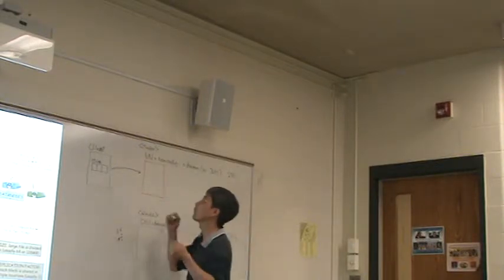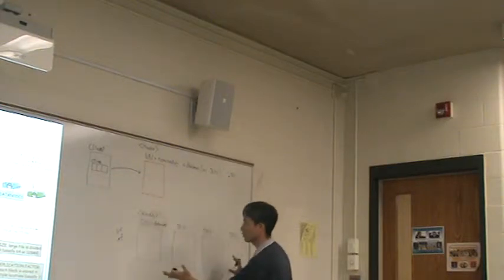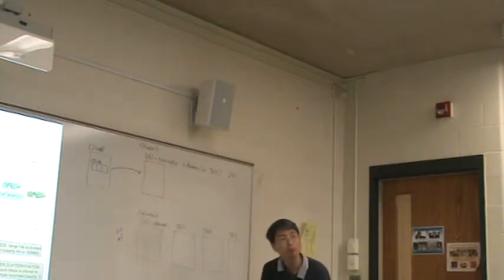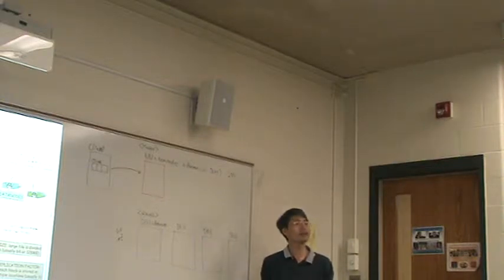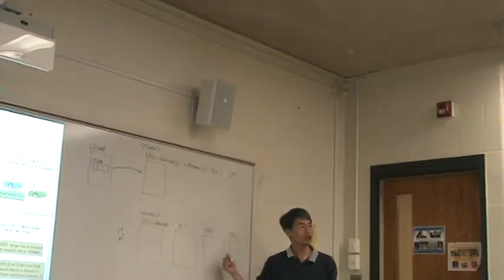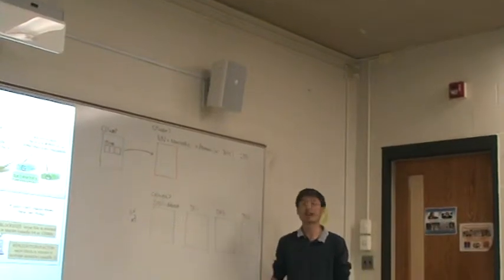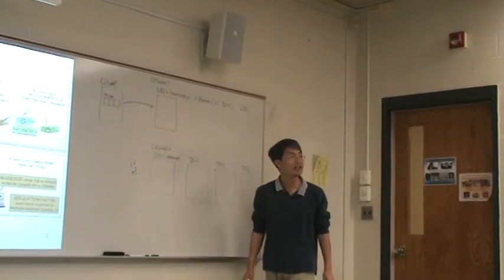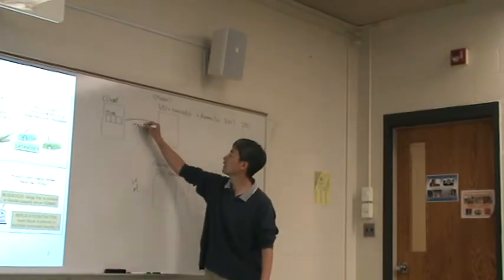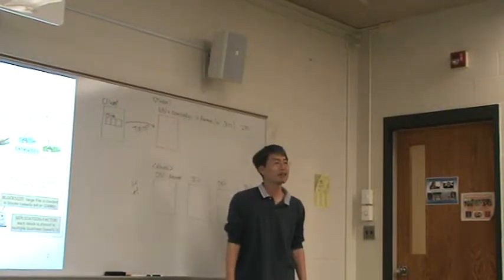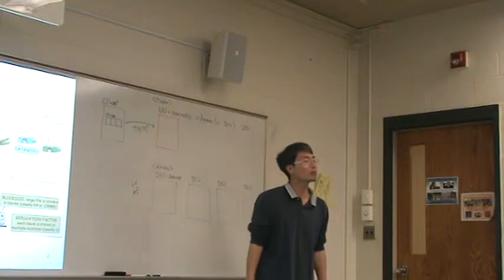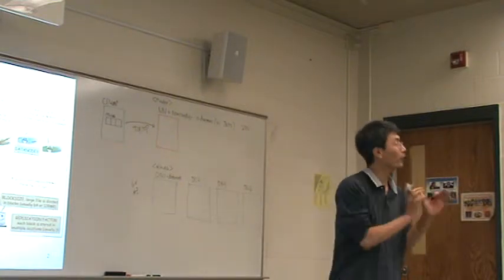Because you are using multiple computers, they need to communicate over the network. What is the network strategy in the Hadoop system? They are using TCP/IP, which means it's a socket program.